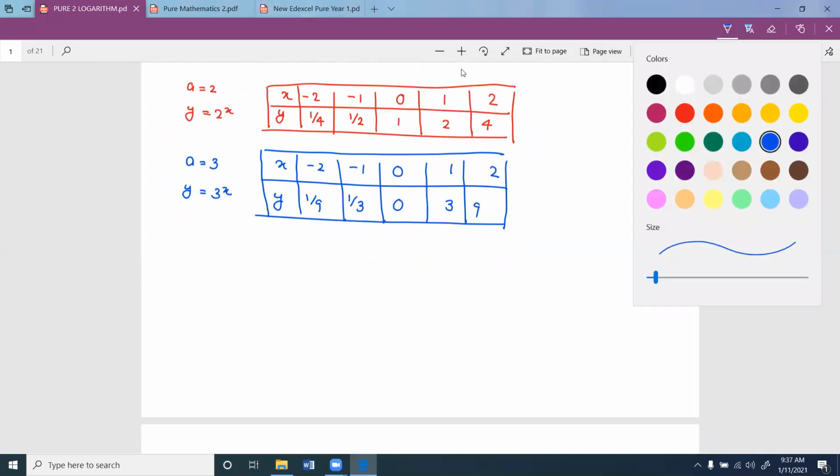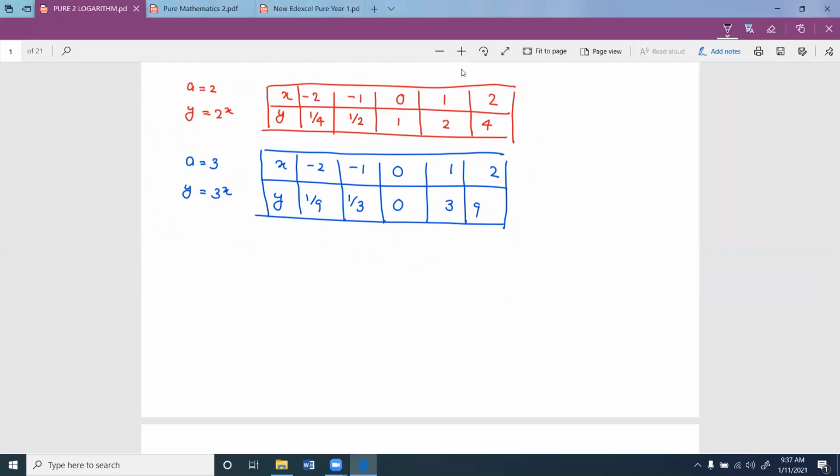So I just draw them like this. This is y and this is x.